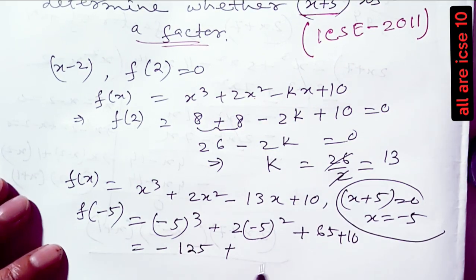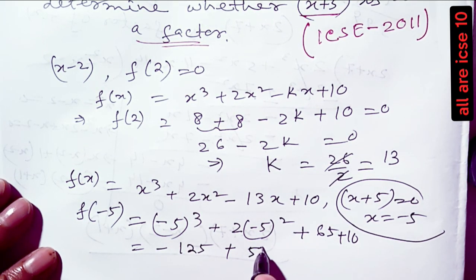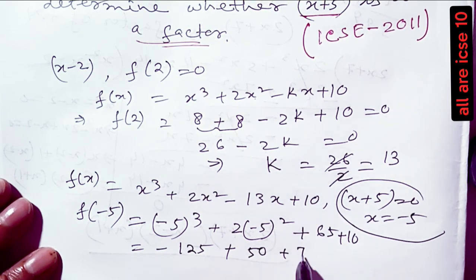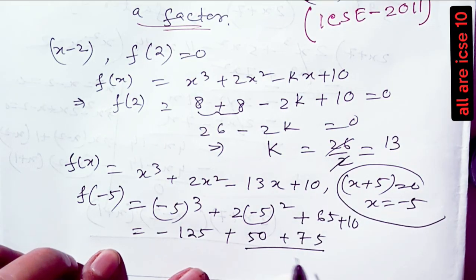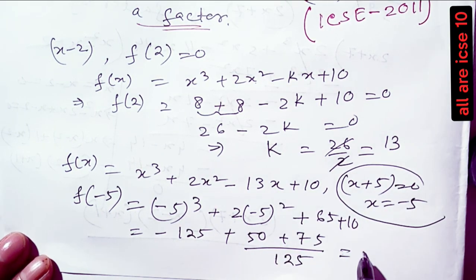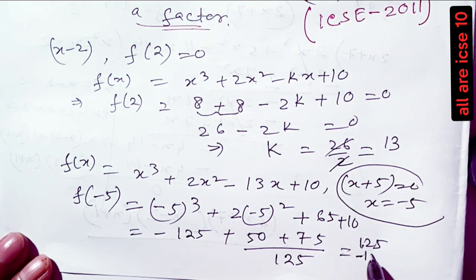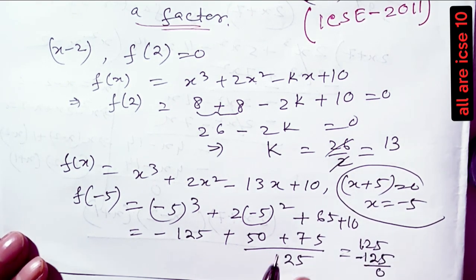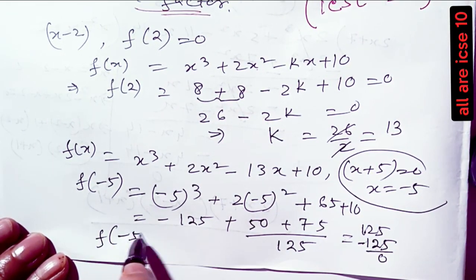This is 25 multiplied by 2, 50. This is 75. So 75 plus 50, 125, and here minus 125. So plus 125 and 125 minus, it will be 0. So f minus 5 is 0.